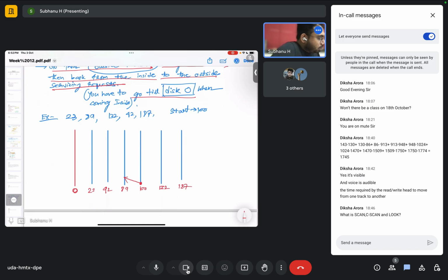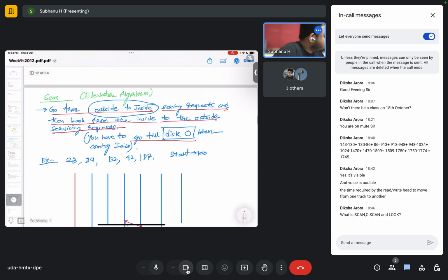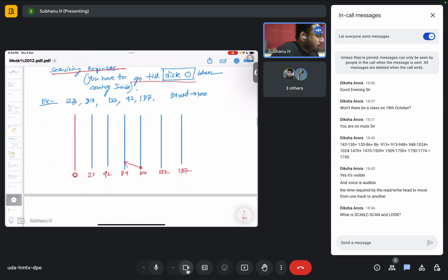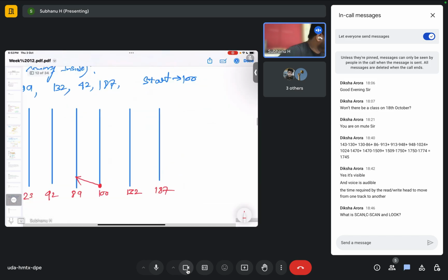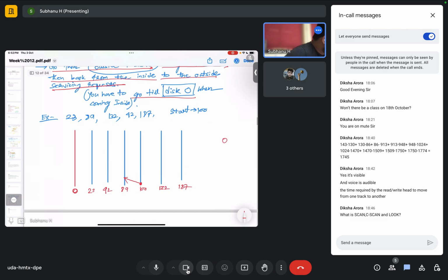First we'll be going from outside to inside. Why is inside 0? So the disk is like this. This is the 0th one, 1, 2, 3, 4, and this is the 100 one. Got it? So outside to inside.